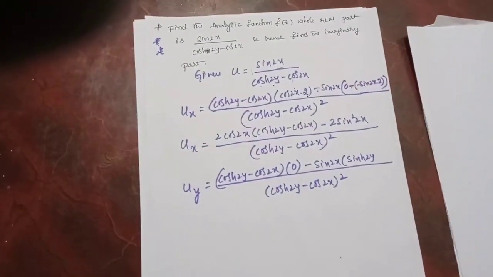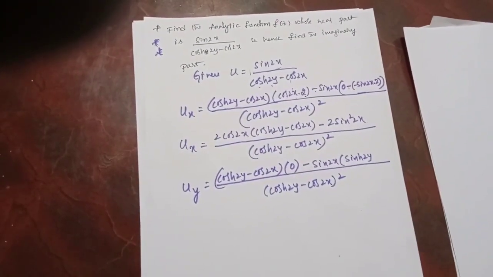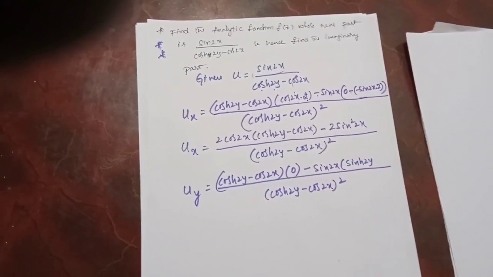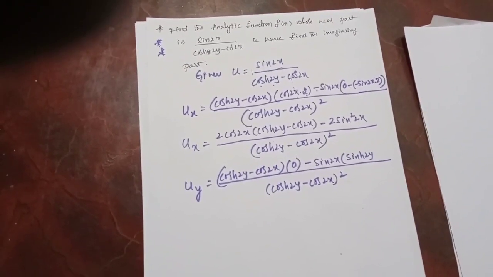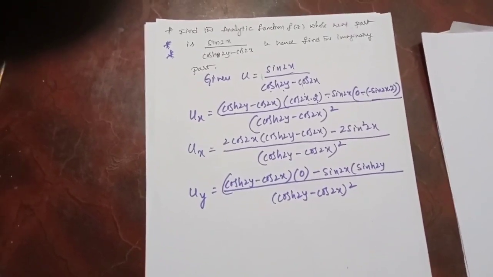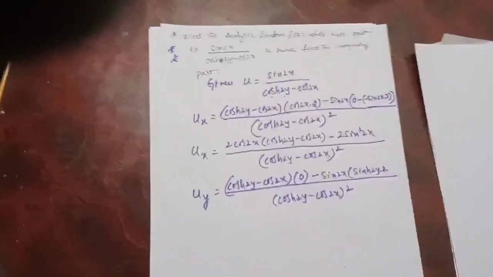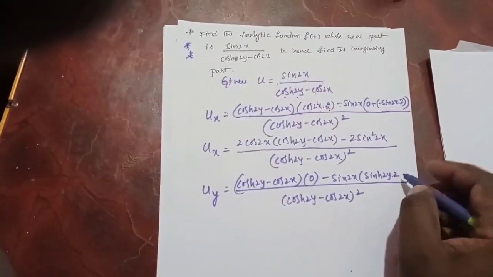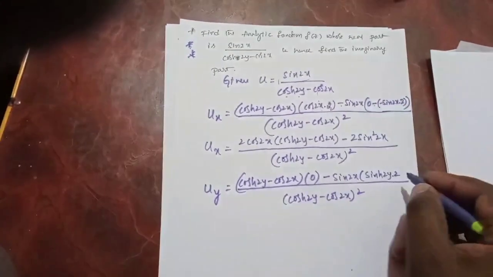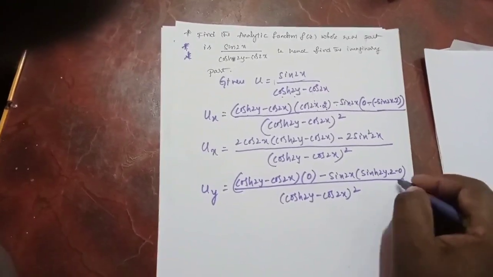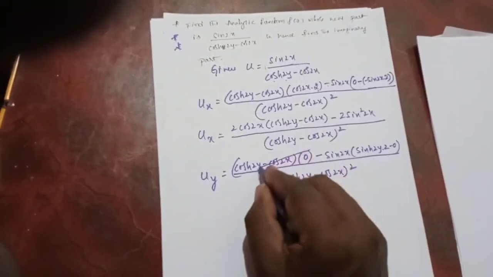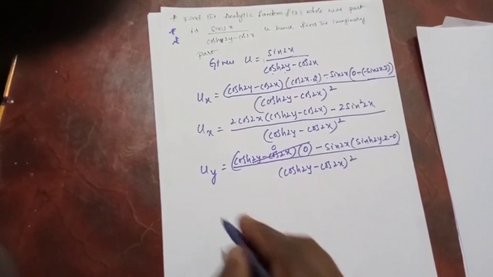Differentiation of cos hyperbolic is sin hyperbolic, and of sin hyperbolic is cos hyperbolic. Here 2y into 2. So this first term will become 0, since 0 into anything is 0.